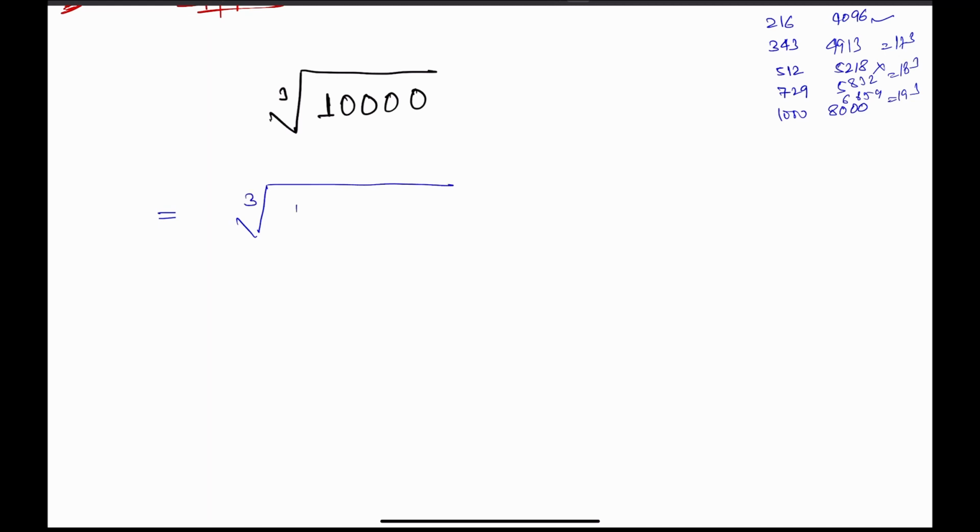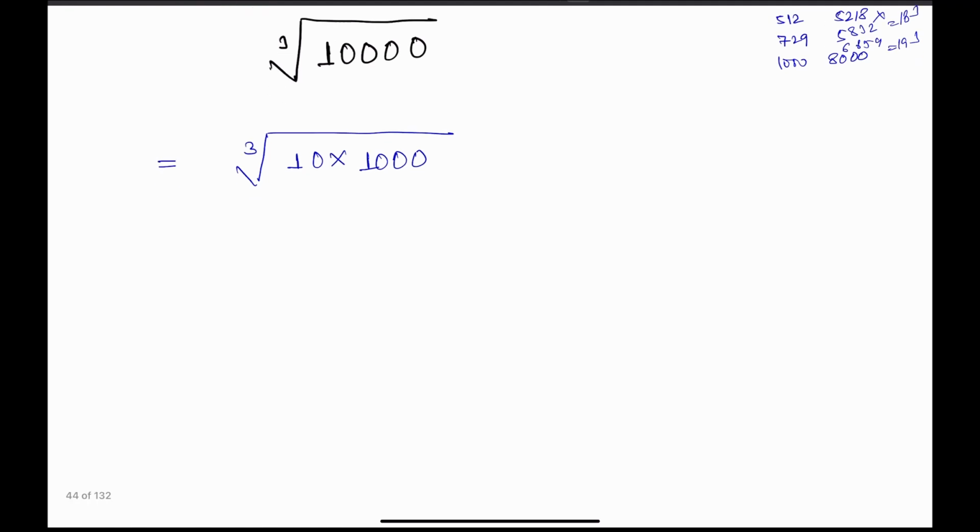We can rewrite it as 10 into 1000, so the cube root of 10,000 is the cube root of 10 into the cube root of 1000. The cube root of 1000 we already know, so this value is 10 into the cube root of 10.